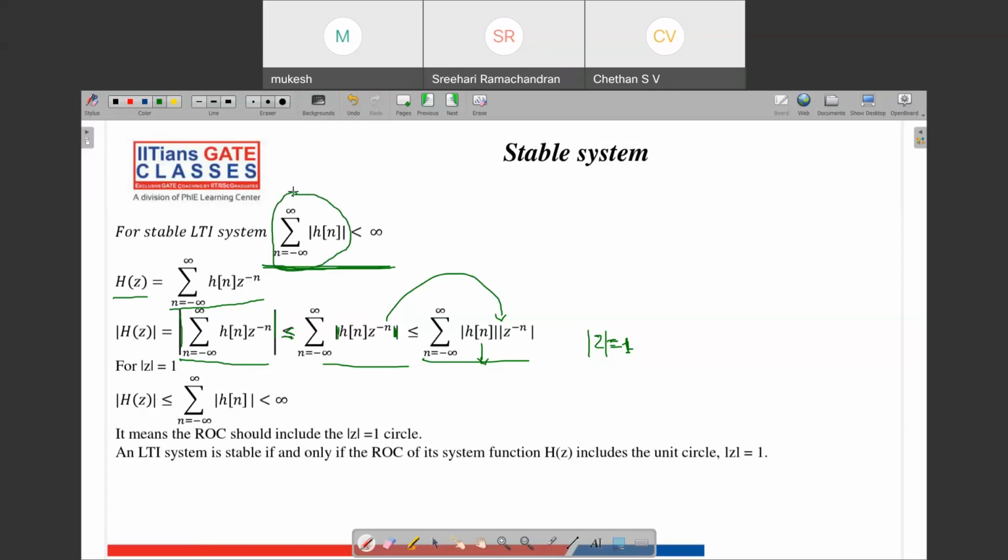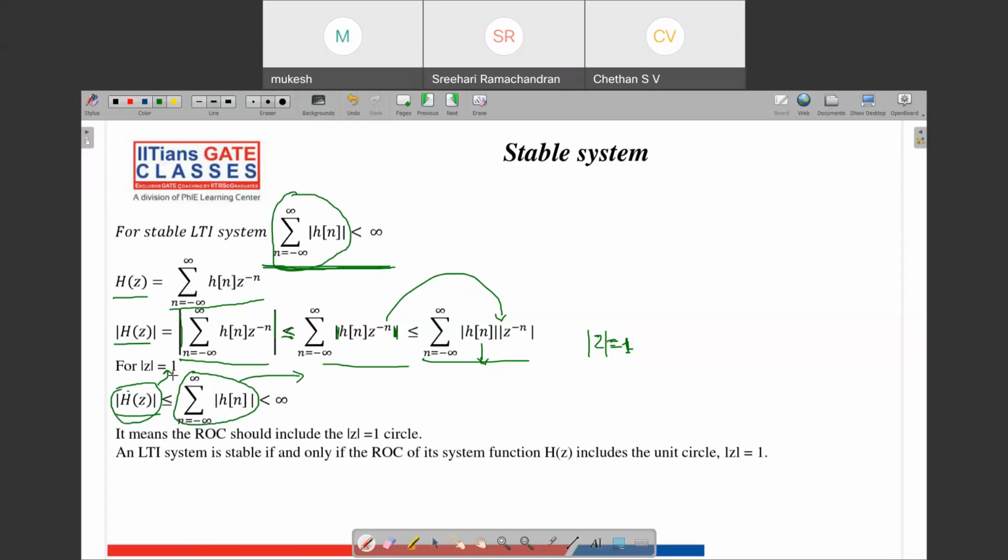And if this is converging, then definitely H of z will also converge. So if the system is stable, we know that this is going to be a finite number. In that case, this is also going to be a finite number for z equal to 1.